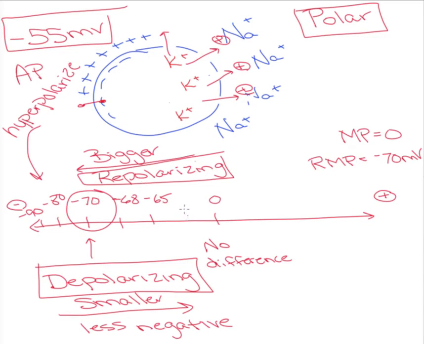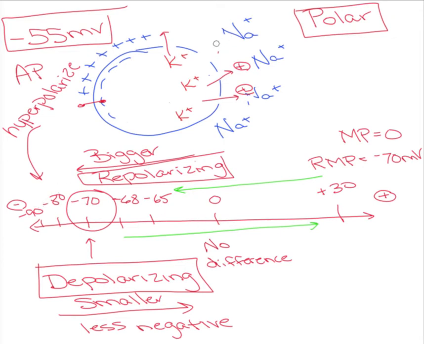Now later on in an action potential, this membrane potential is going to get all the way up to plus 30. So we're going to depolarize all the way up to plus 30, and then we're going to turn around and repolarize all the way back down to negative 70, and then even past, which is hyperpolarizing.